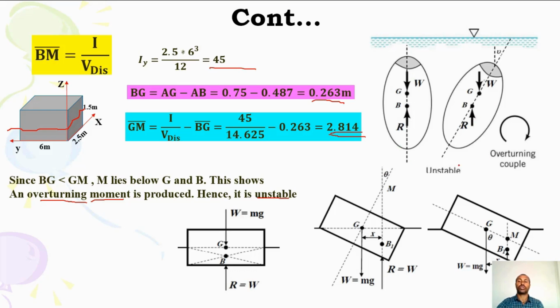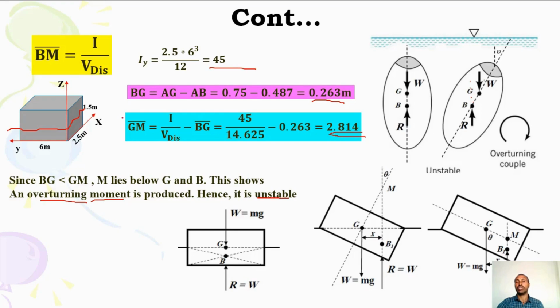Otherwise, if they are not in the same direction, then there is an unstable or overturning couple. So in this sketch, R and W go through the same line, G and B the same point, collinear, but here different points. So you have an overturning moment with this X.